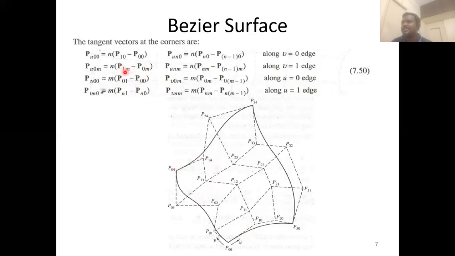Along u, n will be varying, and m is a constant value, the extreme boundary, so instead of 4 they have written m: P1m minus P0m. So again they are generalizing this expression, with n here and n minus 1 in place of 0. Likewise for this edge where u is equal to 0, that is their explanation of the tangent.